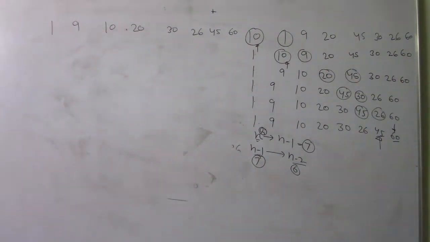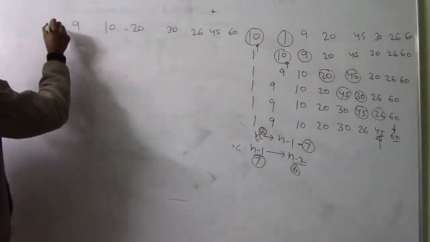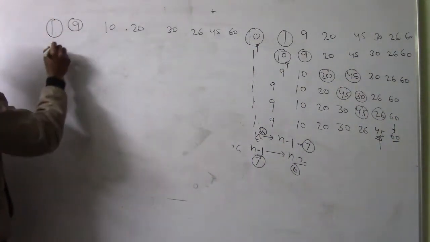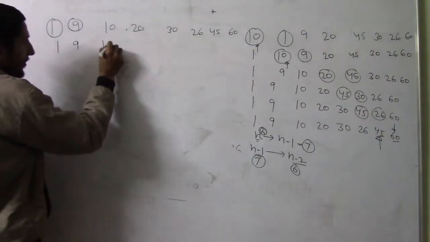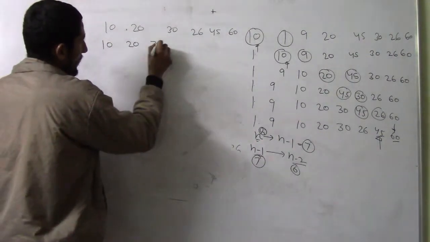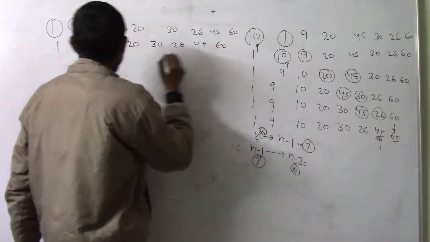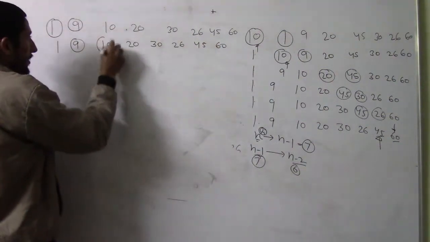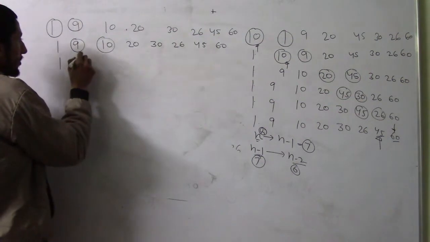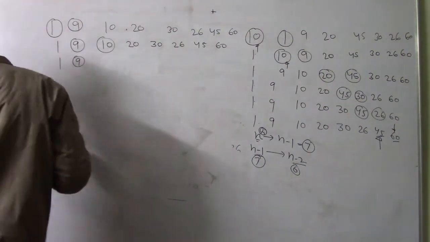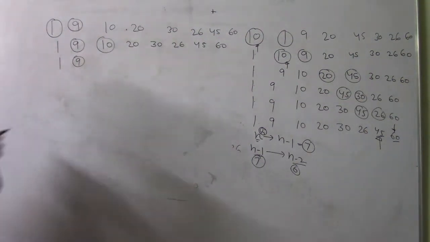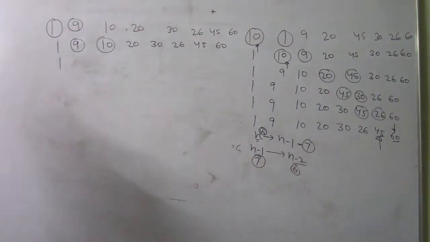So I will again put the pointer at 0 and I will compare 1 and 9. So the content will remain as it is. Are you following this? Then I will compare 9 with 10. There is no need to perform swapping, so content will remain as it is in this comparison.